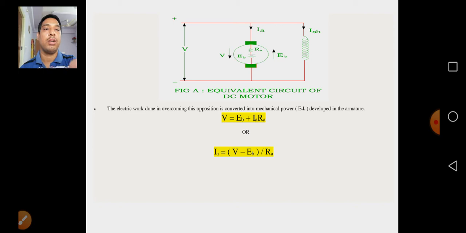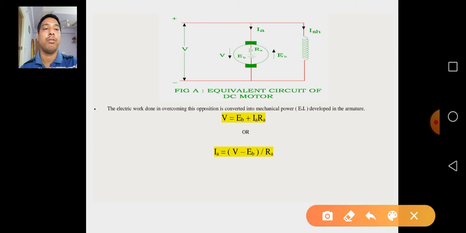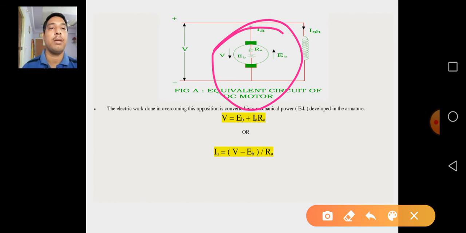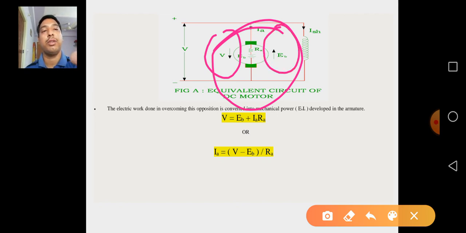That is what we have shown in the equivalent circuit representation of the DC shunt motor, for example. In this DC shunt motor equivalent circuit, the input supply voltage is in the inward direction, and the EMF which is produced, which we call the back EMF, is in the upward direction.